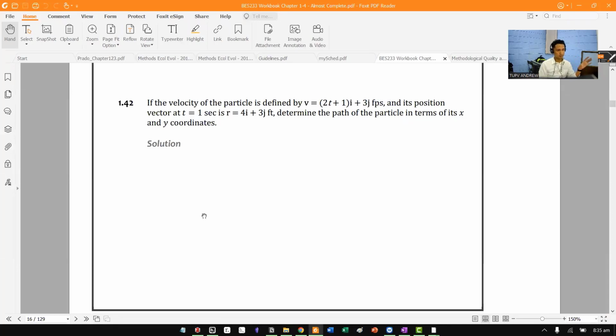It looks a bit more complicated compared to other algebraic equations, but actually it just combines them. The position r equals 4i plus 3j means 4 units to the right of the y-axis, and then 3 units upward from the x-axis. Okay, so let's solve.